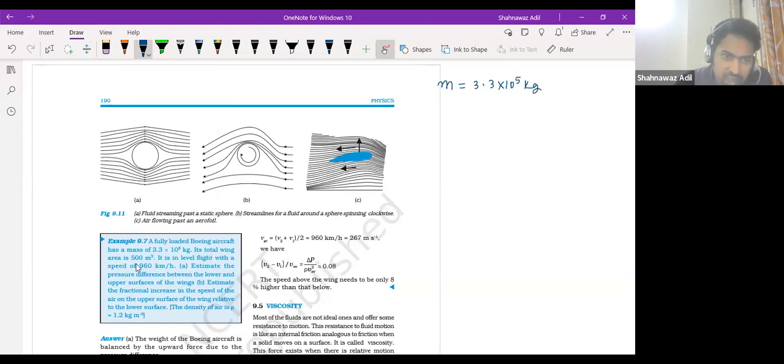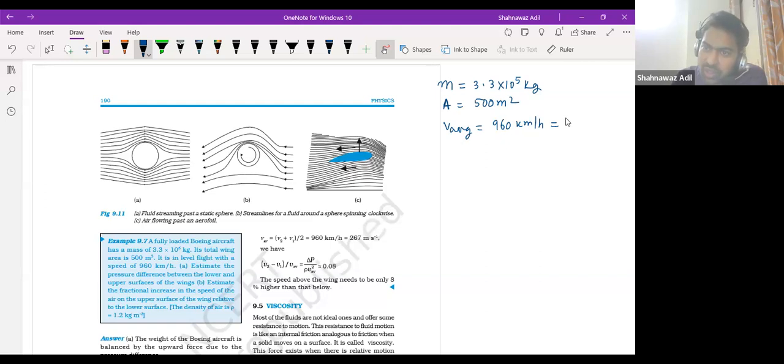And its total area is 500 meters square, right? It is in level flight with a speed of 960 kilometer per hour. So in level flight means that its average velocity is given, right? So V average is given, which is 960 kilometer per hour. And this would be in meter per second.